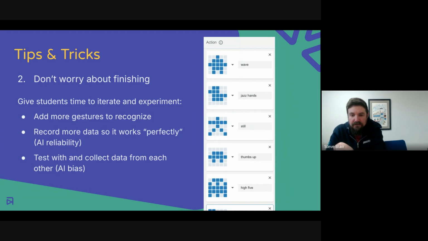The screenshot I have on the right there shows some of the gestures that you can decide on and teach the AI. The next step is to go into the standard microbit block coding and get the device to actually do something, play a sound, or show something on the screen when it recognizes that. But we found our students said, I don't want to go to that next step.